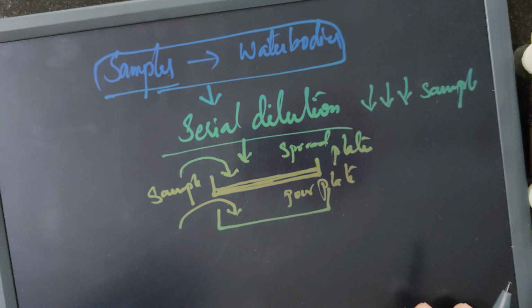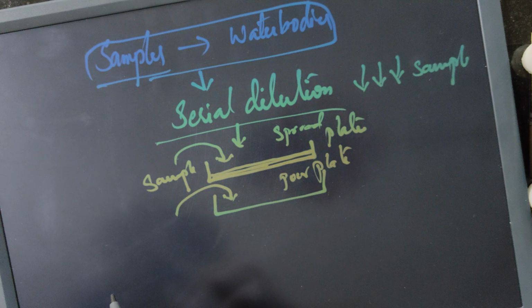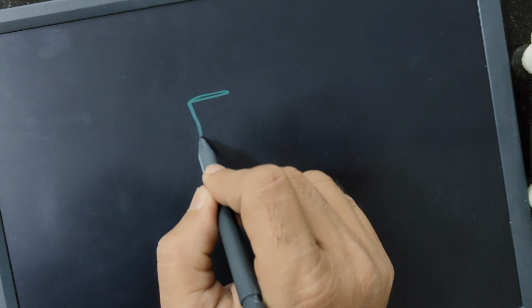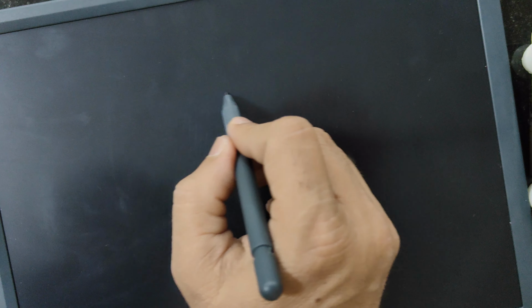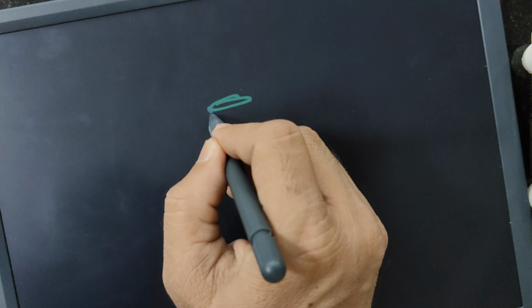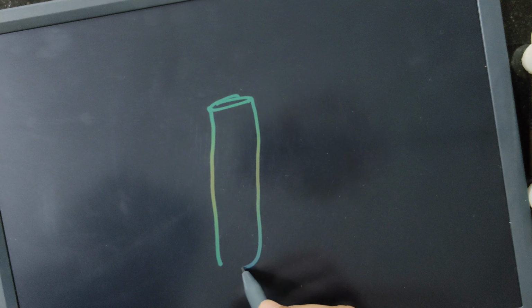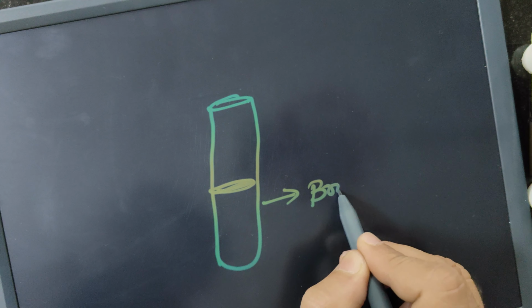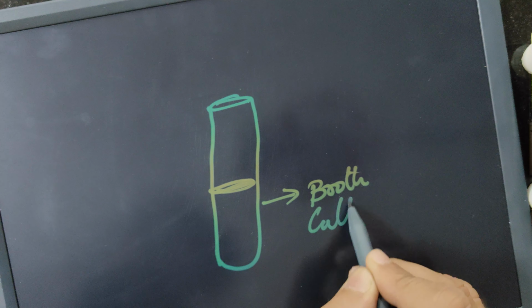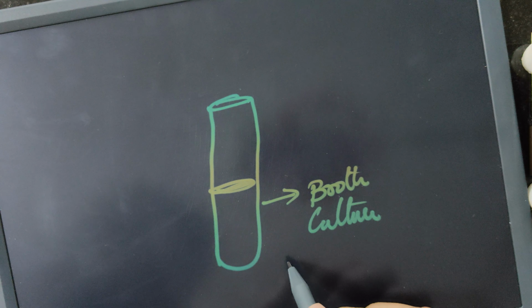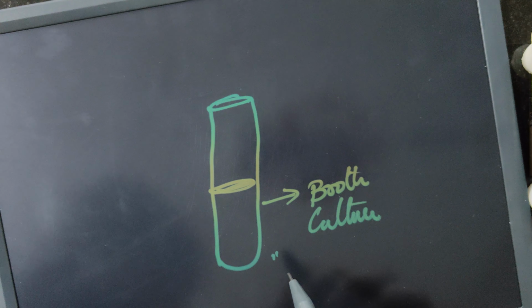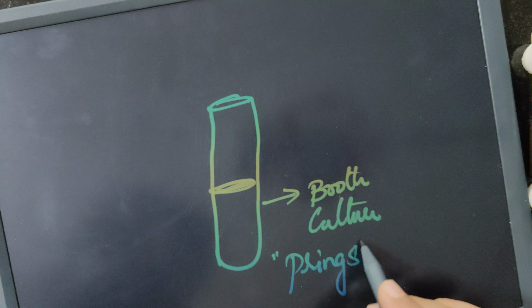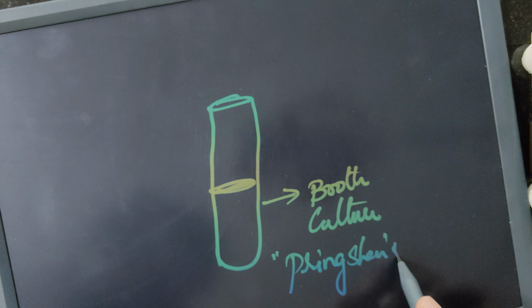But in the case of cyanobacteria, the serially diluted samples are inoculated into broth culture with a specialized media called Pringsheim media.